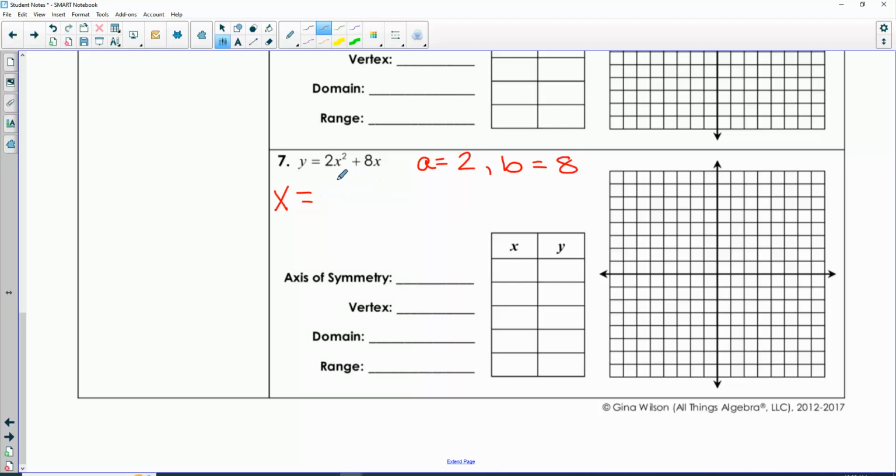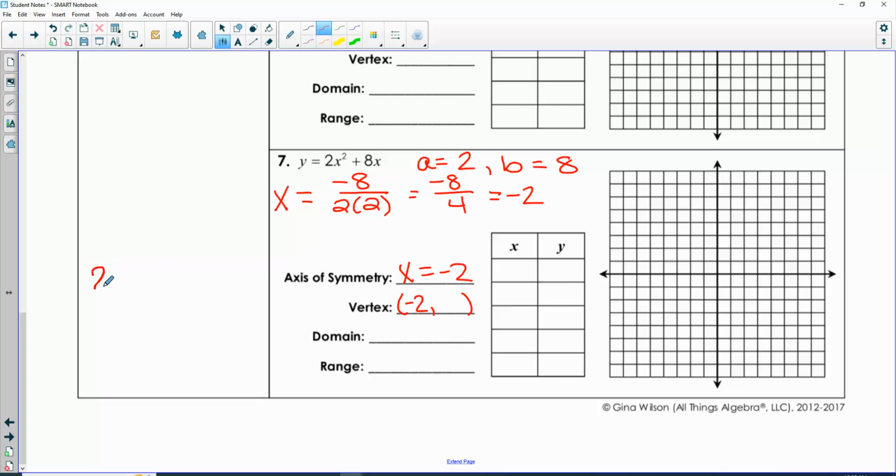So the opposite of B would be a -8 over 2A, 2 times 2. So 2 times 2 is 4. -8 divided by 4 is -2. So the axis of symmetry is x equals -2. The x value of my vertex is -2.